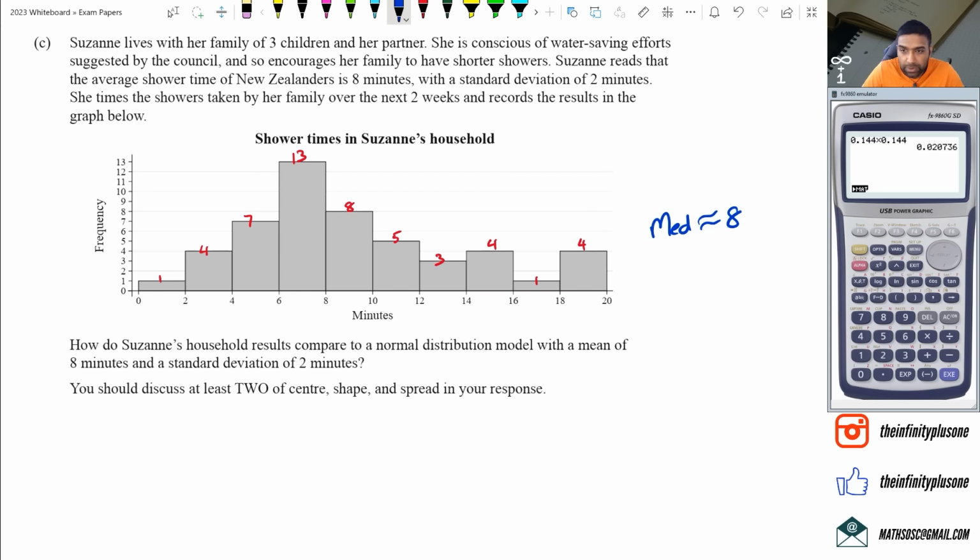So the first thing we can talk about is the center. The first thing we can say is the median is approximately the same as the mean. I would put the numbers in as well. So the mean is 8, and the median is 8 as well.